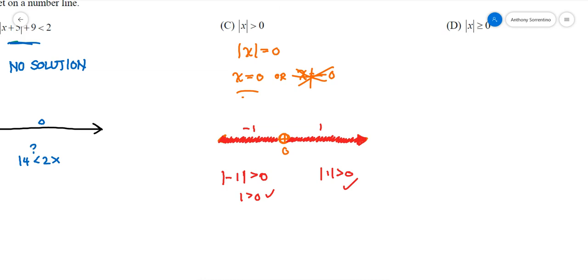In interval notation, it is negative infinity to 0 or 0 to infinity, with open parentheses all the way, or I could just say that the solution is x is any real number and x can't equal 0.